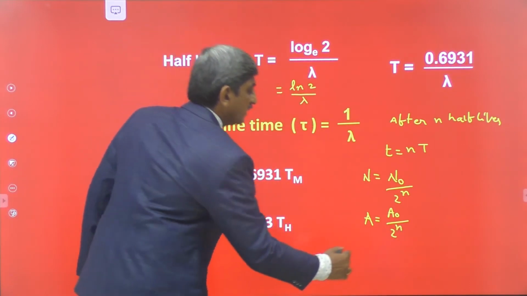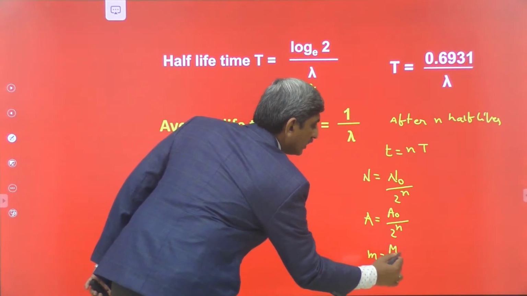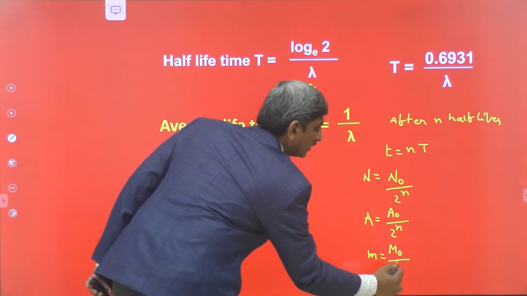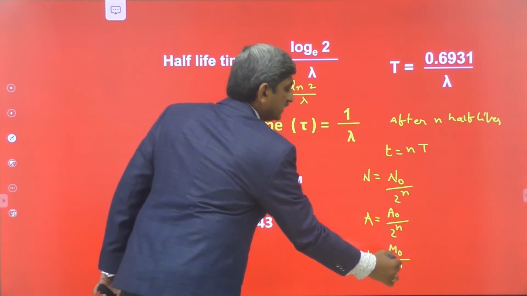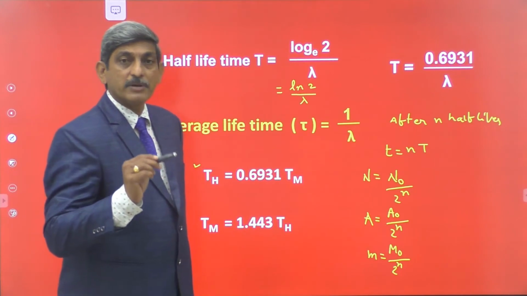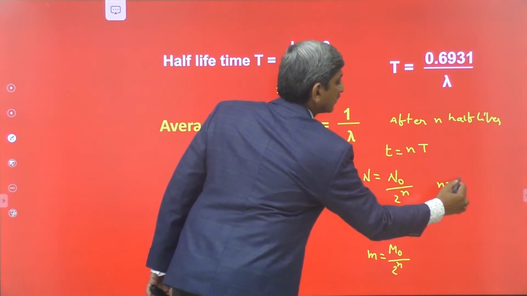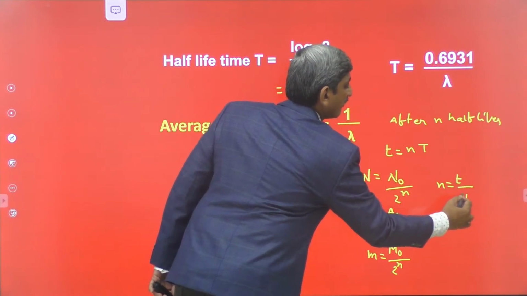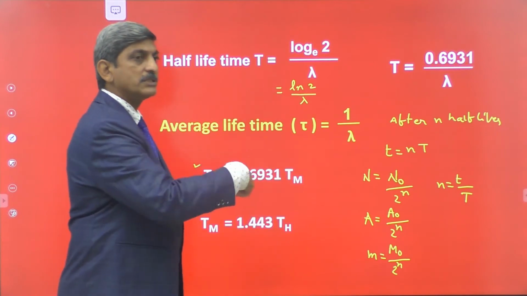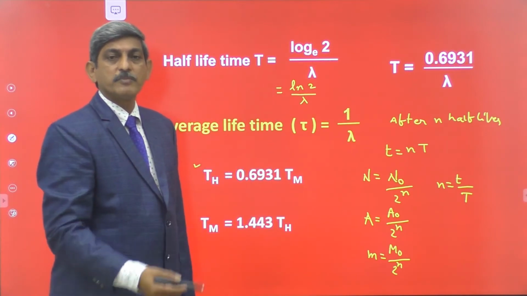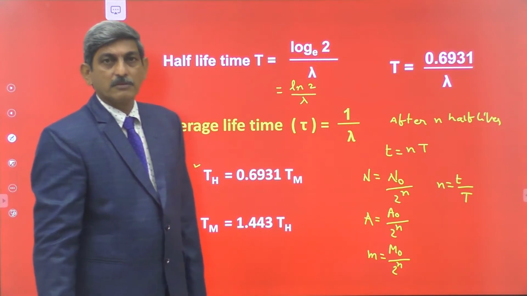Similarly, the mass of the radioactive substance is given by m is equal to m naught by 2 power n. Here, in all these equations, n stands for the number of half-lives, which is given by n is equal to the total time divided by the half-life time of the sample. By using these formulas, we can solve the problems for the competitive exams.